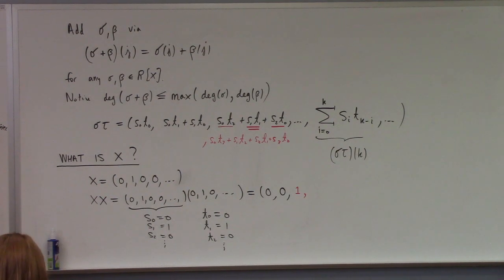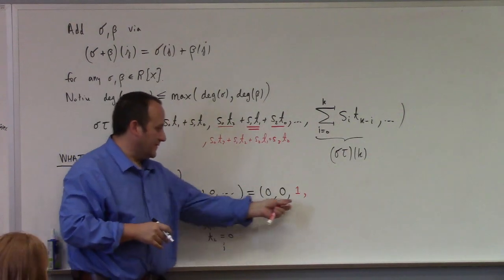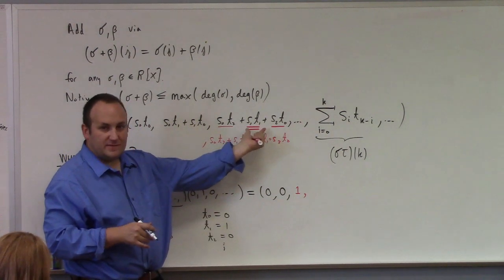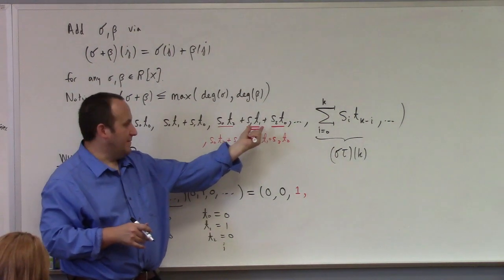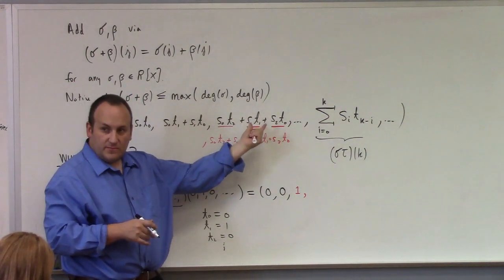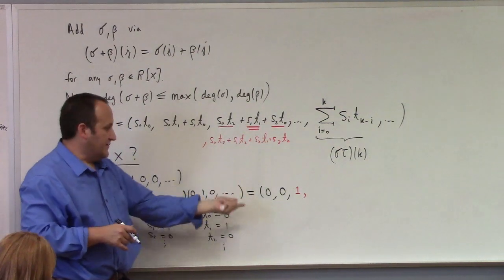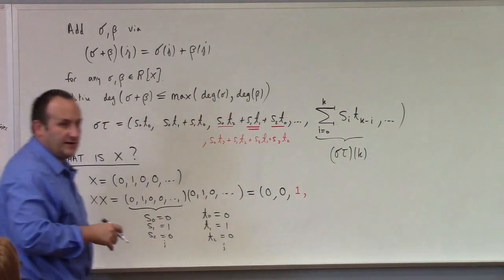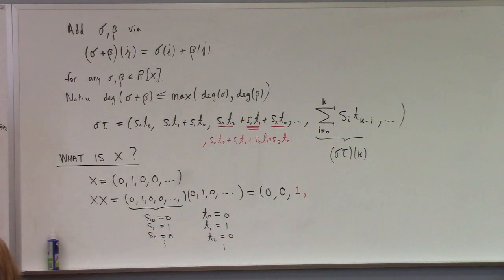Do you see why that's 0? Only at this one special spot, the third spot, do we get both of the ones magically matching up in the same summand, which gives us that 1. Beyond that, there's always 0, 0, 0, 0, 0, 0, all zeros. And so it goes.